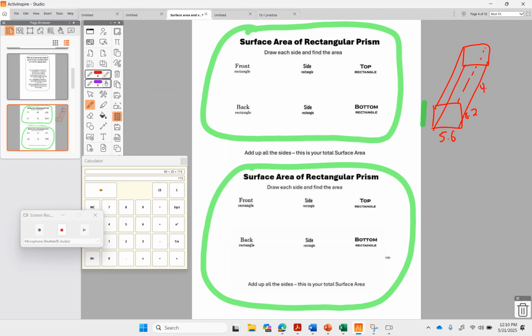Okay, so it really doesn't matter which one you do as which. So I'm going to say that this is the 5.6 times the 8.2. And there's two of those, right? So 5.6, 8.2. Then I'm going to say the side is the 8.2 tall and the 4.7 wide.